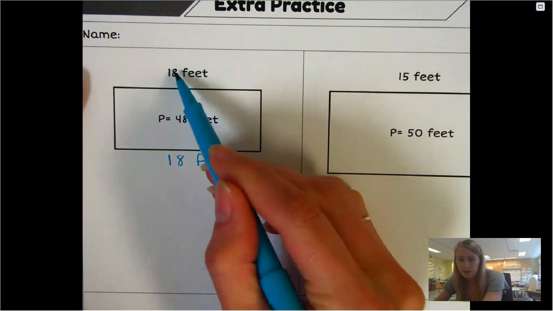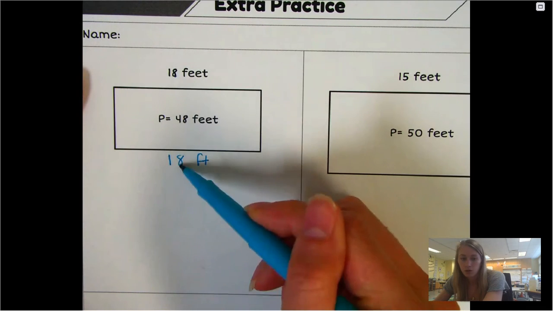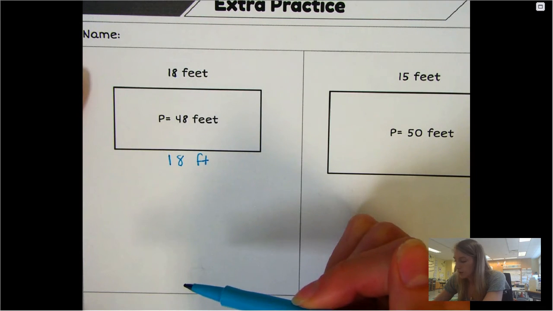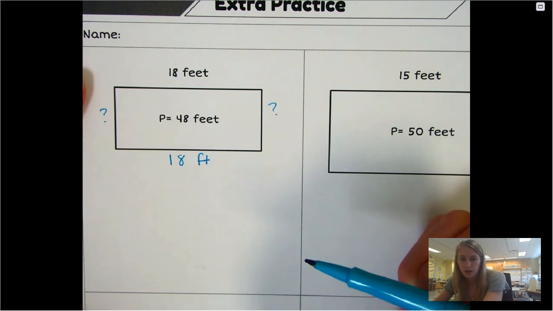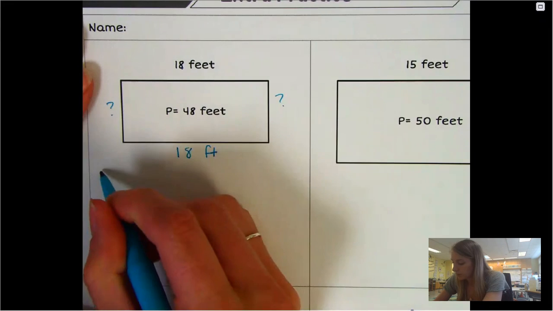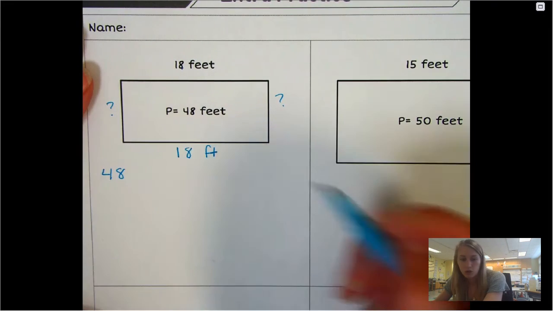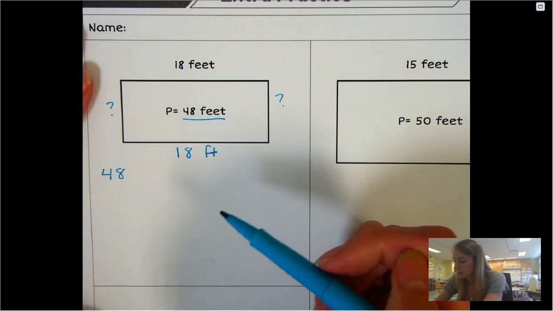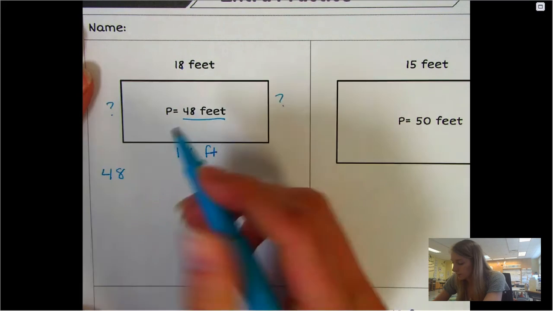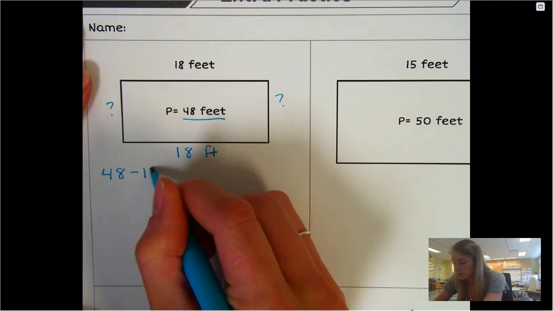I know because this is 18 feet that this is also 18 feet. Now what I don't know is this side or this side, right? So what I can do is I can take 48, which is my total perimeter, and I can subtract 18 feet.